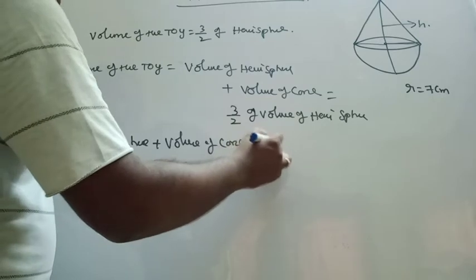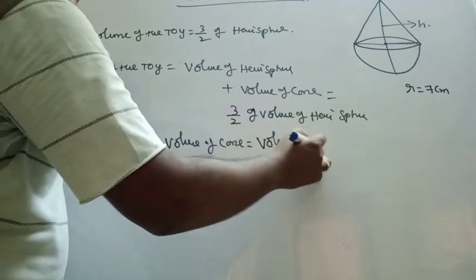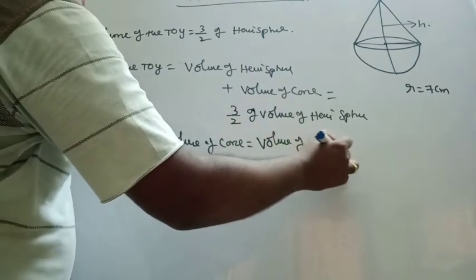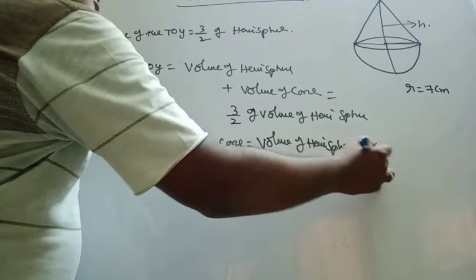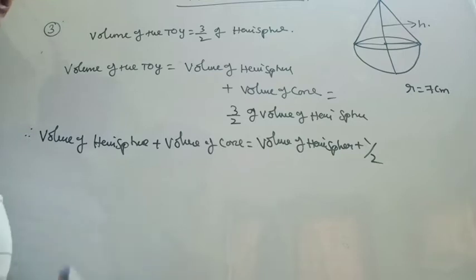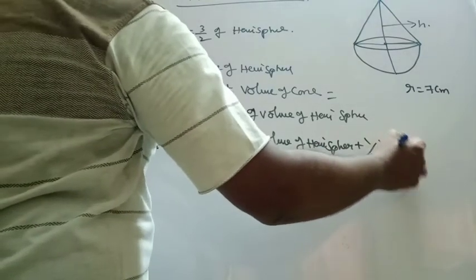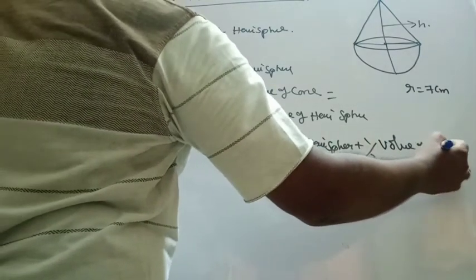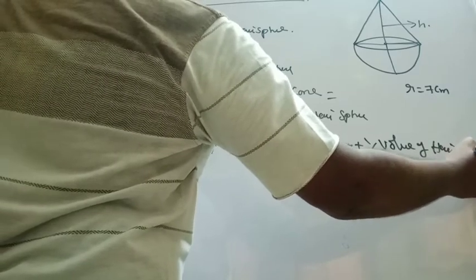That means volume of the hemisphere plus 1/2 of the volume of the hemisphere, since 1 plus 1/2 will give you 3/2. This is the trick I am using.